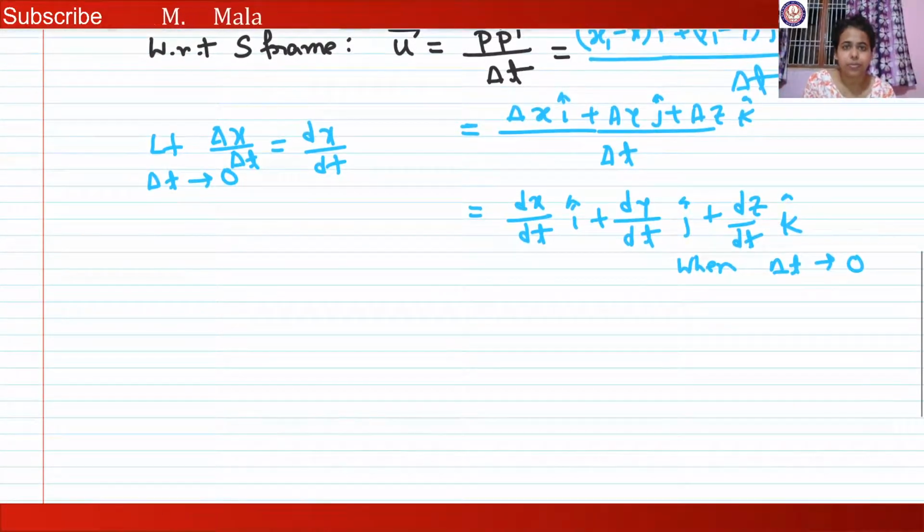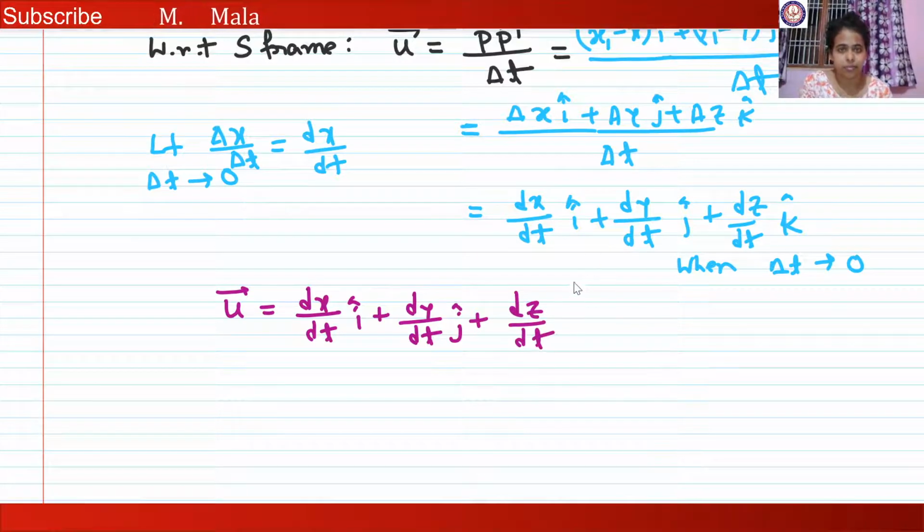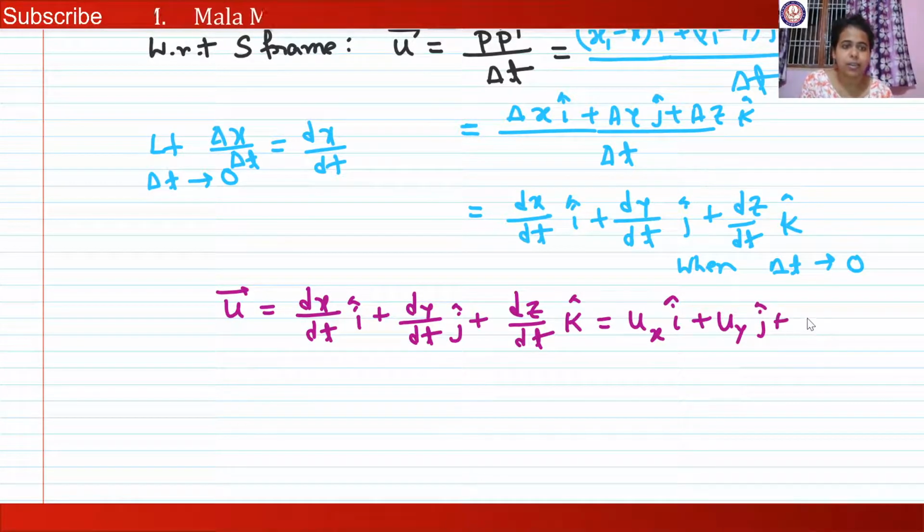So in S frame, our velocity u is simply dx by dt i cap plus dy by dt j cap plus dz by dt k cap. Now I can write this as the 3 components of u: ux i plus uy j plus uz k. So I can write this equation as number 5.